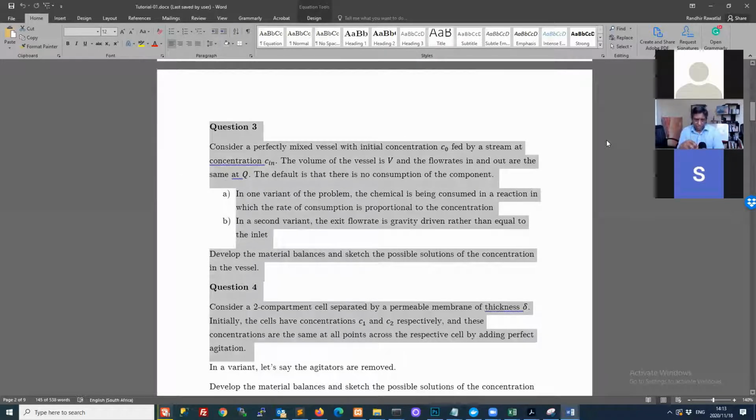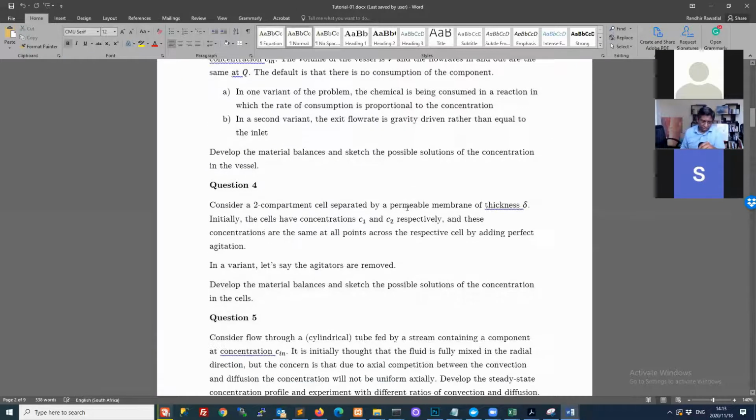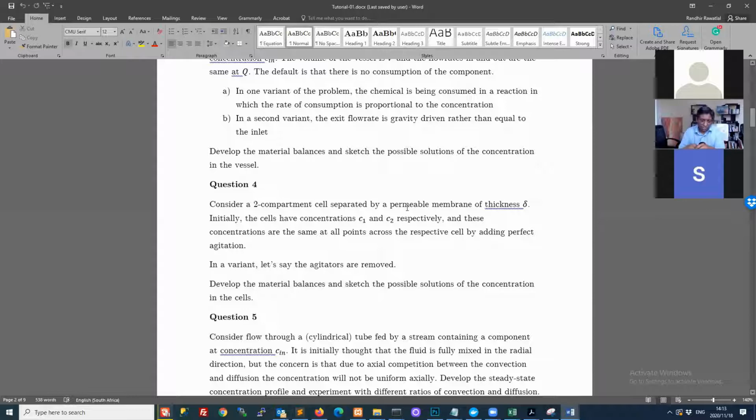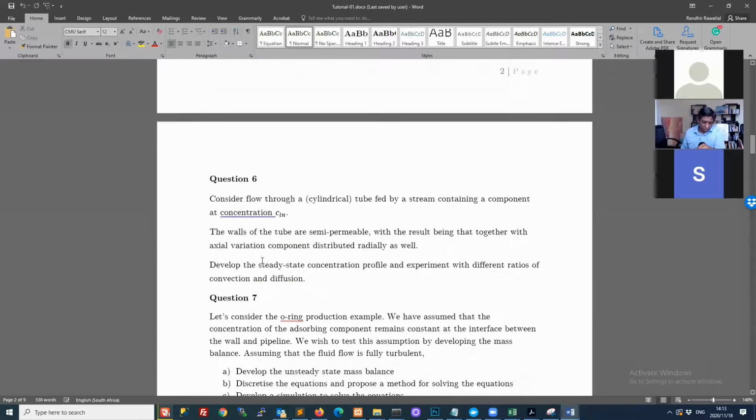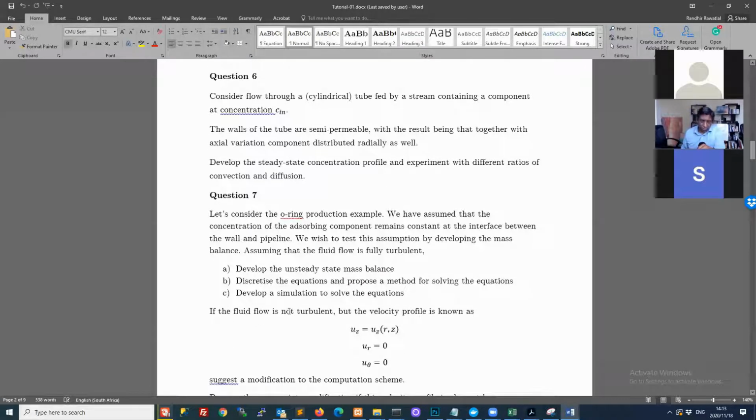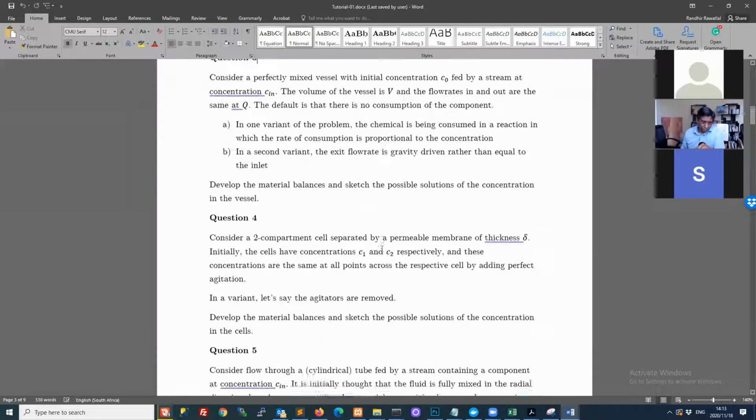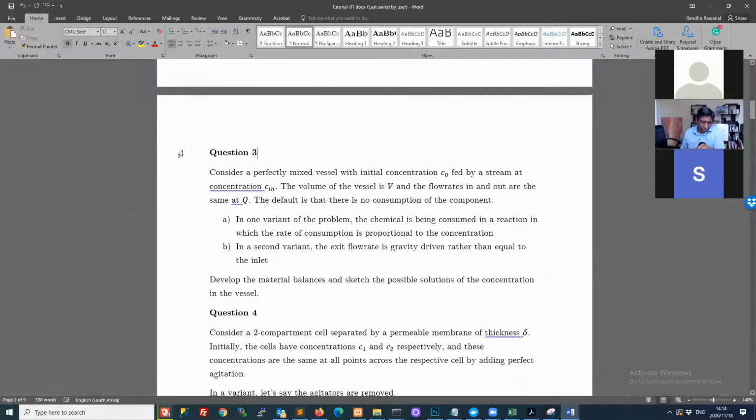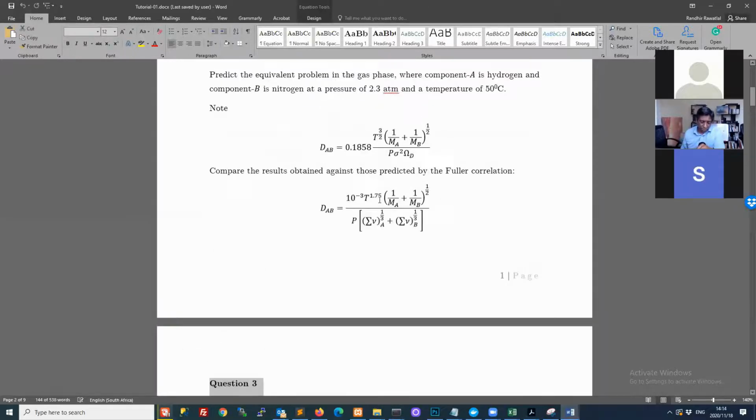It starts out with a fairly simple situation, which you shouldn't have much difficulty working on. And then each question progressively builds the difficulty so that you are able to solve this so-called O-ring production problem more easily. So these are the ones that we want to spend some time on today.